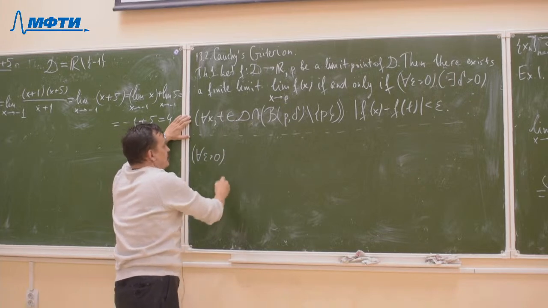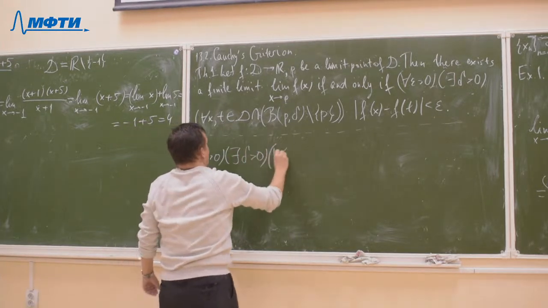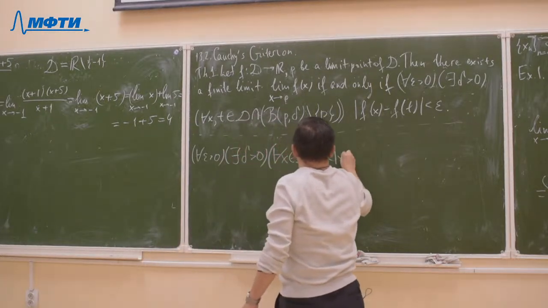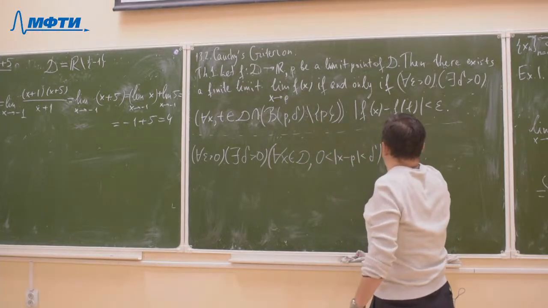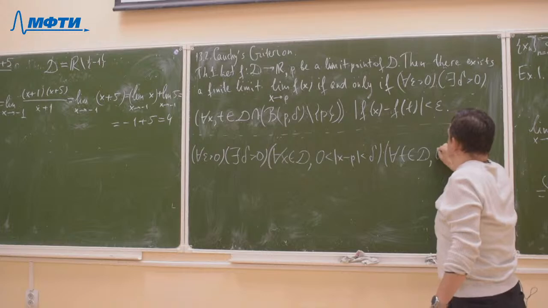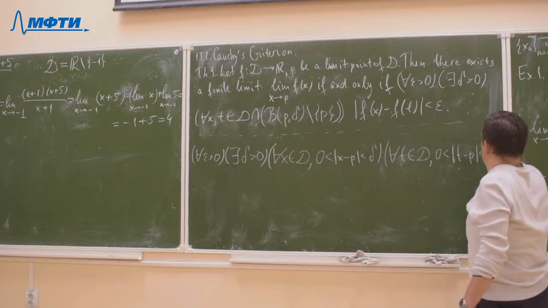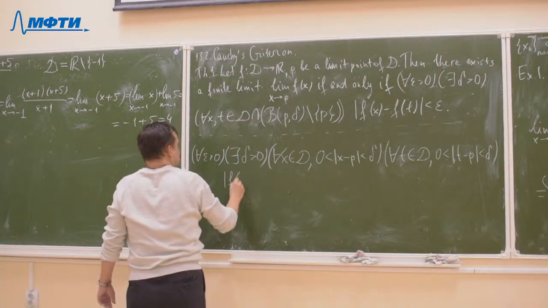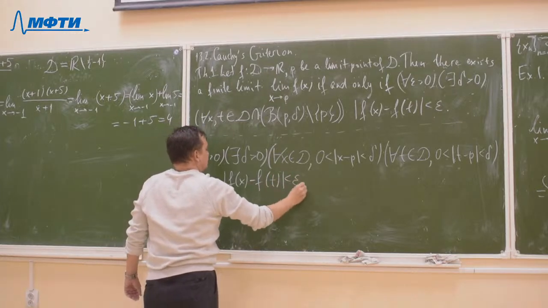For arbitrary epsilon, there exists delta, such that for all x in D, 0 less than absolute value of x minus p less than delta, and for all t in D, 0 less than absolute value of t minus p less than delta, we have absolute value of f of x minus f of t less than epsilon.